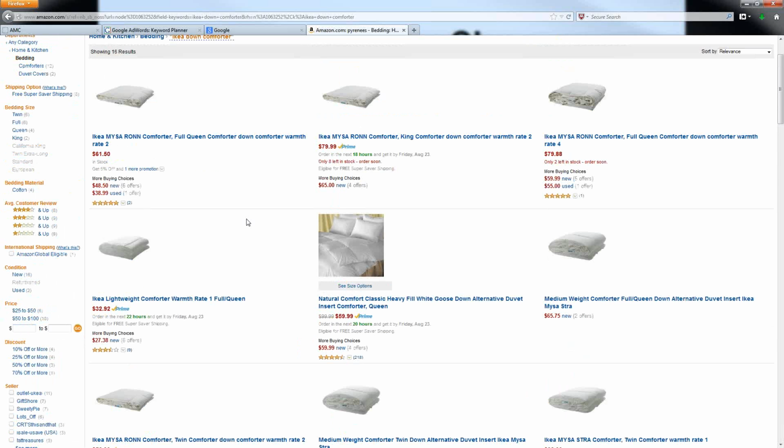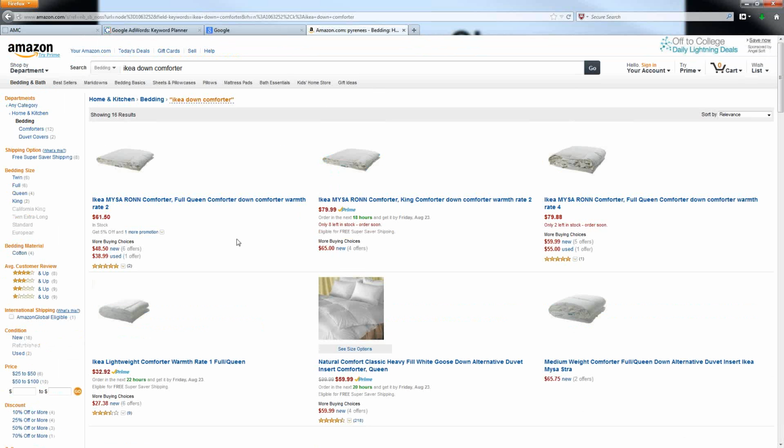But a lot of times somebody who wants the product and doesn't have $200 to spend on a down comforter might be happy to take one for $62 instead. That may not be quite as good as the $200 one, but for their purposes, it may be everything that they wanted, and obviously, get it for a cheap price as well.